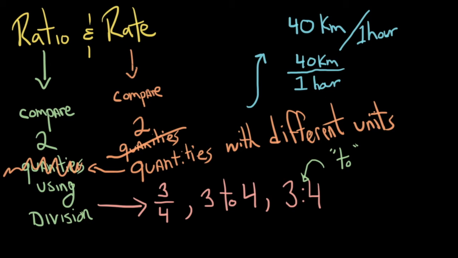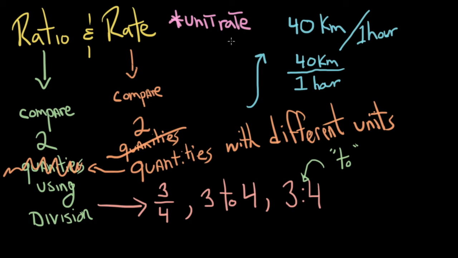So we're looking at ratio and we're looking at rate. And then there's also a very special rate. We should probably talk about this because you're going to see this one. I have a little star here, and the star is going to be unit rate.